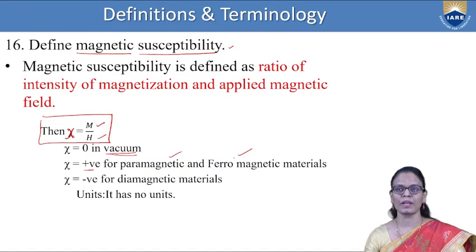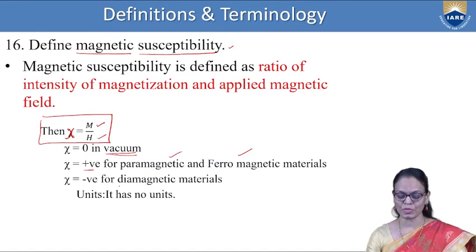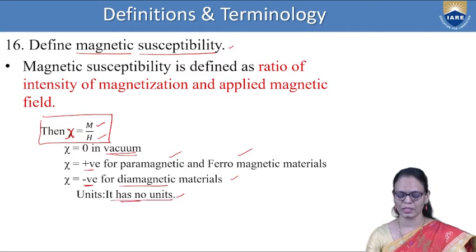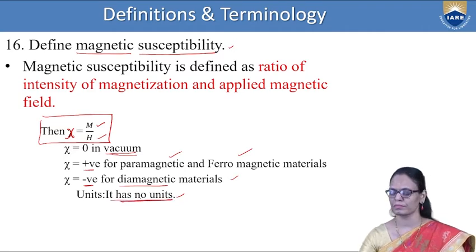But for diamagnetic materials, it is negative because diamagnetic materials cannot be easily magnetized. And because it is the ratio of two similar quantities, it has no units. So, chi is a dimensionless quantity.